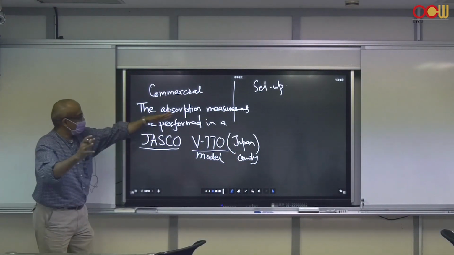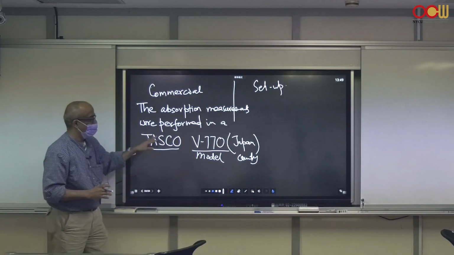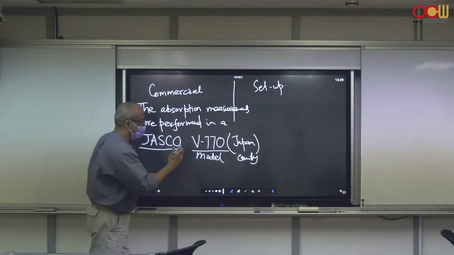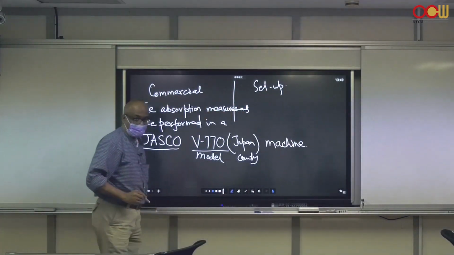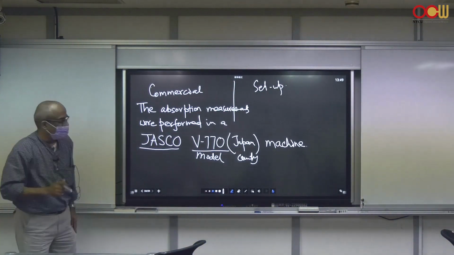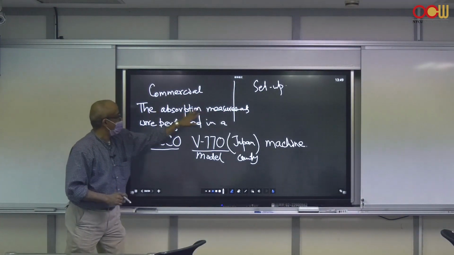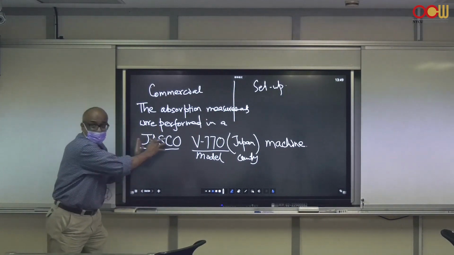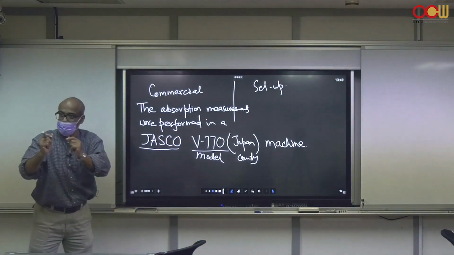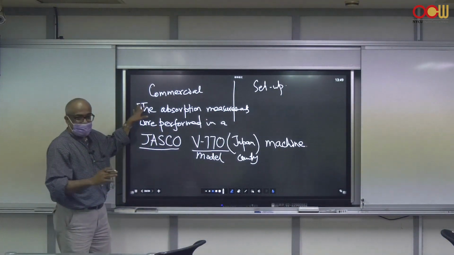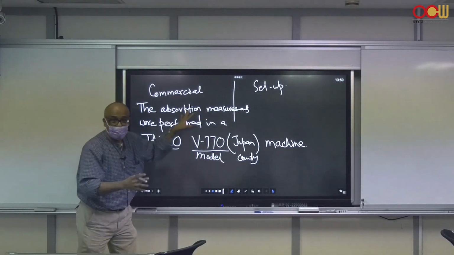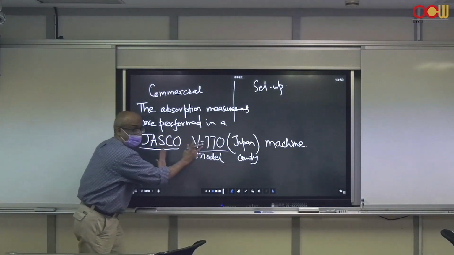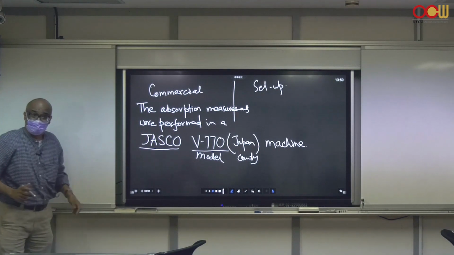So the absorption measurements were performed in a JASCO V770 machine, okay? So this is how you write. If your experiment is OCT, just write down the OCT measurements were performed in a so-and-so. Or if you are working with MRI, you say the MRI images were taken in a something.